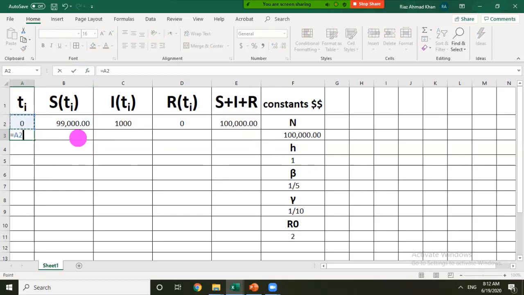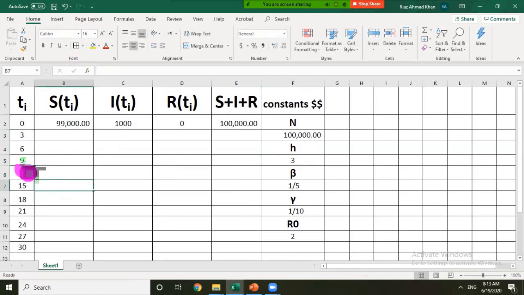T1 is equal to T naught plus H. But remember, when we use H in the formula, we have to write this dollar sign, because if H is some other value other than 1, for example, H is equal to 2, we will have 0, 2, 4, 6, and so on. If H is equal to 3, we will have 0, 3, 6, 9, and so on. But in this example, let us write H is equal to 1 only.